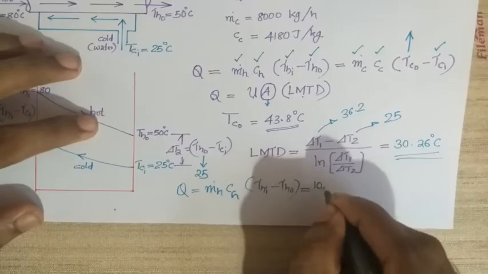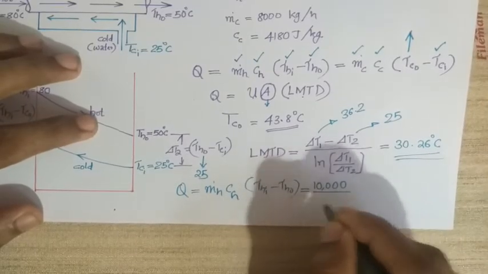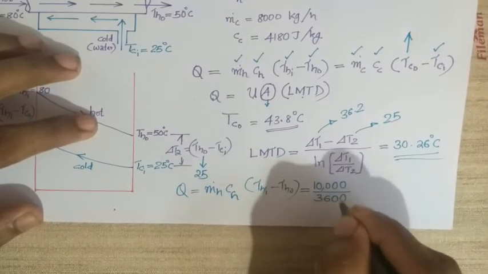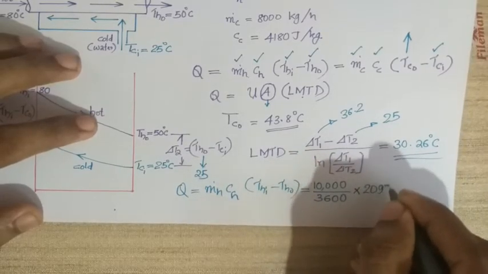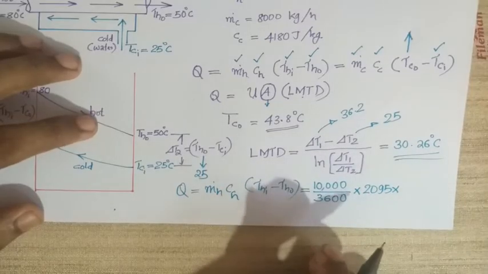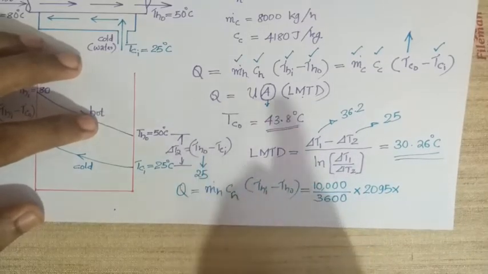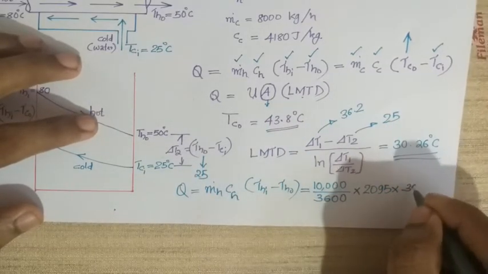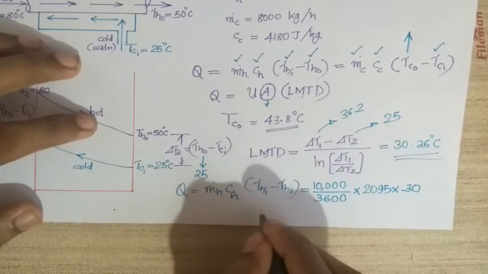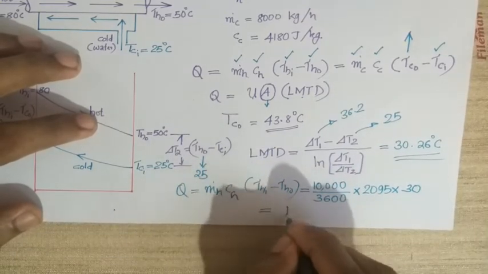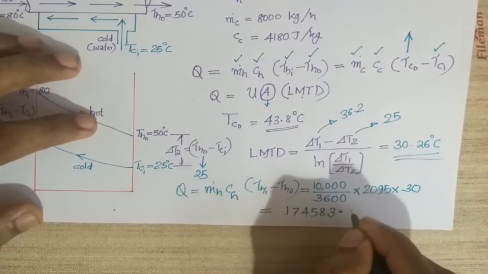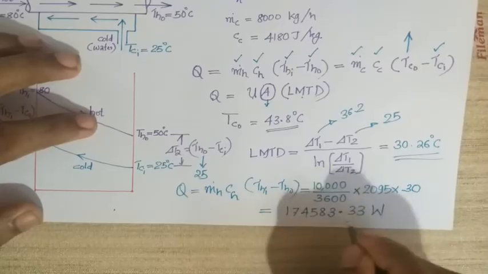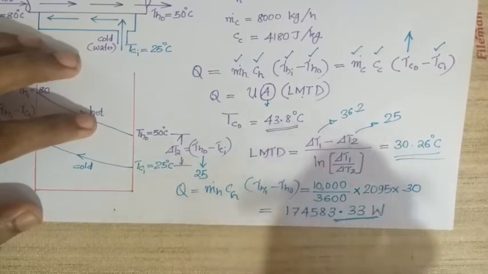So it is 10,000 kilogram per hour, or 10,000 by 3,600 kilogram per second, into specific heat 2095 into Thi minus Tho. It is getting cooled from 80 to 50, so this difference is 30 degrees Celsius. So Q will be around 174583.33 watts, watts being the unit of Q as mass flow rate is in kilogram per second.